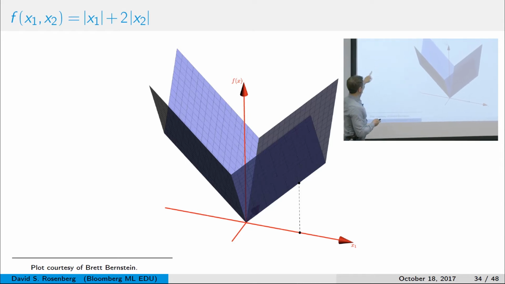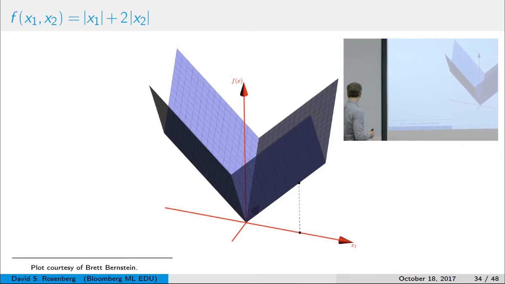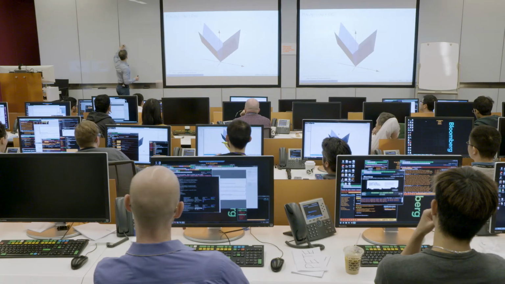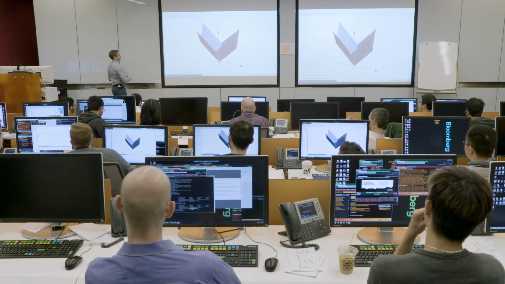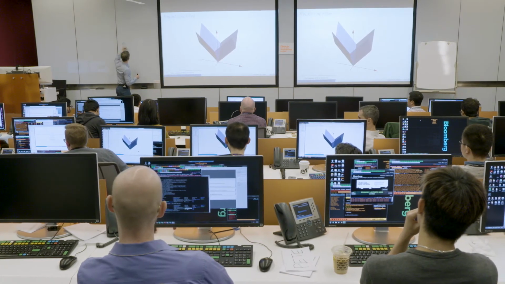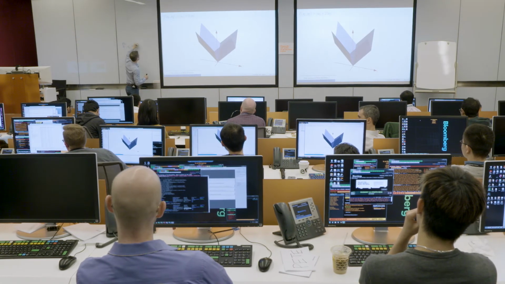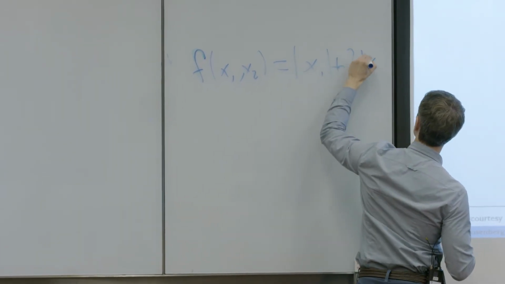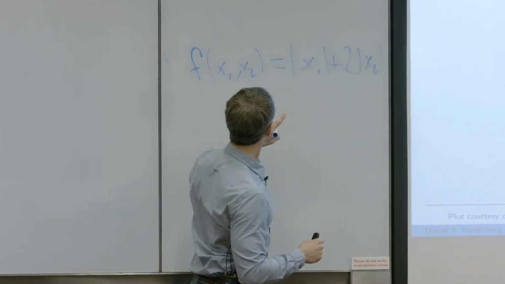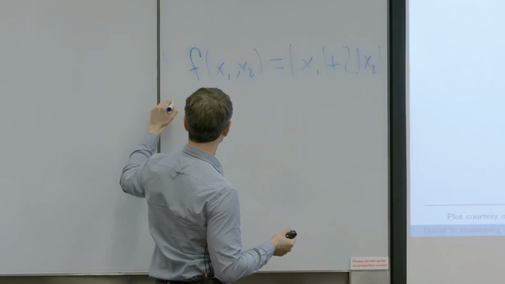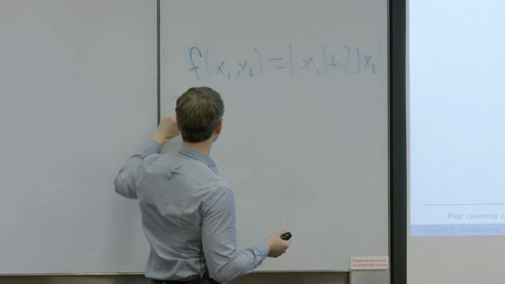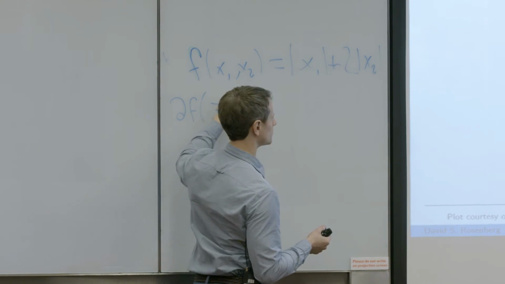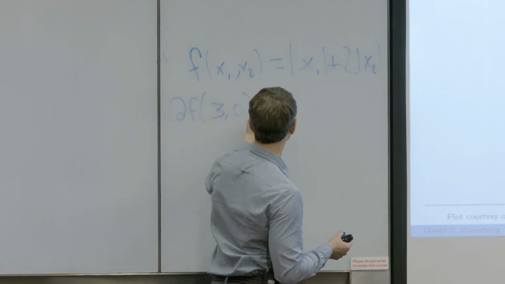So let's follow our nose here and see what we can come up with. I'm looking for a subgradient of f at the point (3, 0).